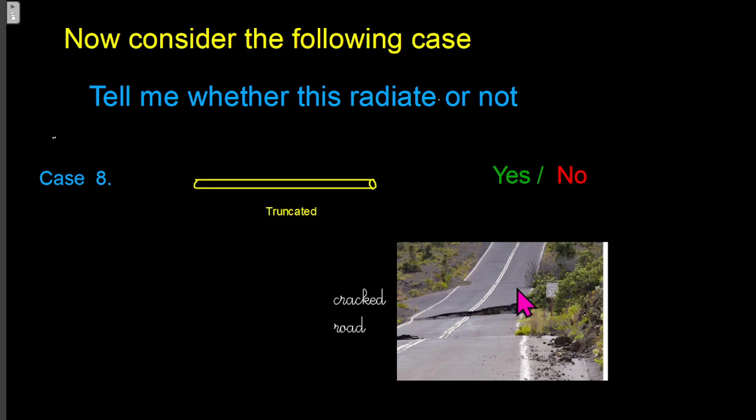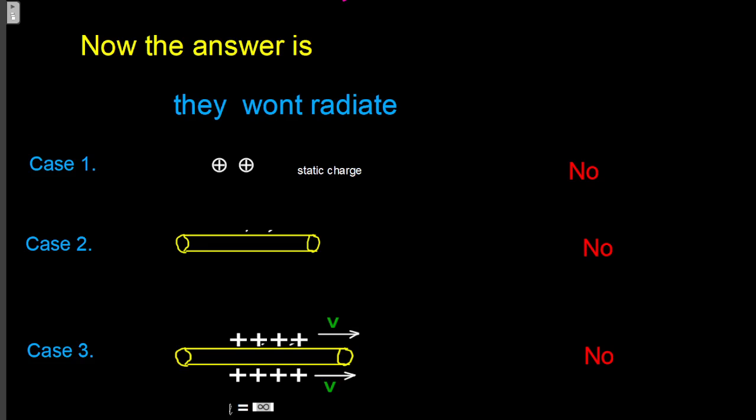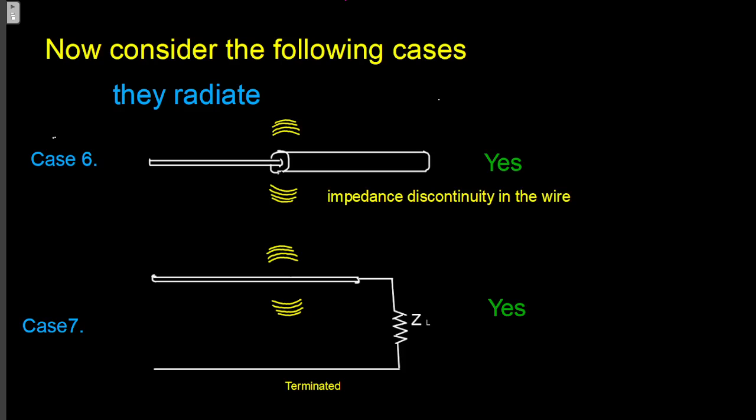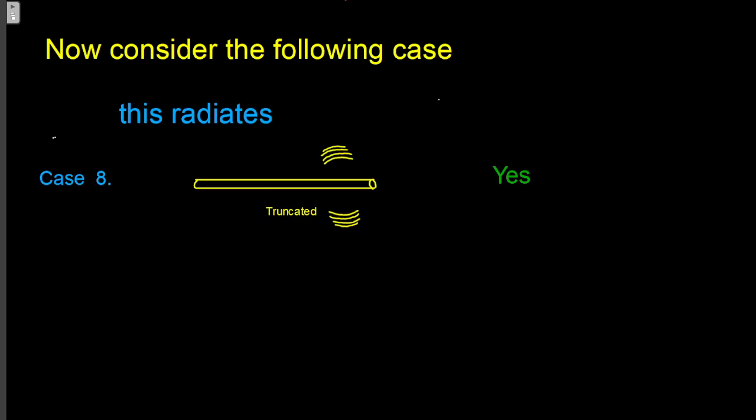Okay, so all these 8 cases are given in your book. I have already given the answers also. That's it, we have considered all those cases. I hope that you have understood the concept of radiation very well for a simple wire. Okay, it's a single wire. Thank you.